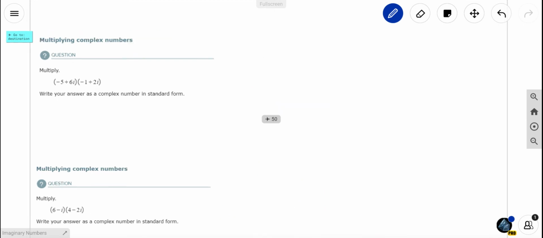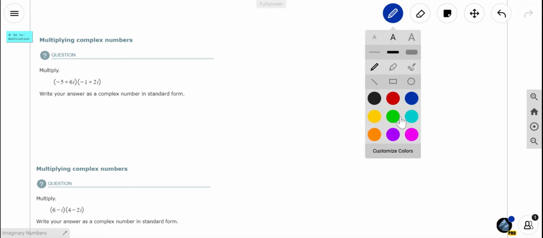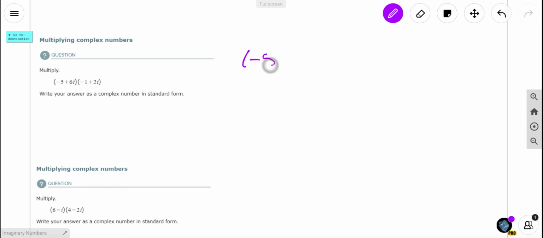Okay, here's the next term. Let's pick purple. Okay, so negative 5 plus 6i times negative 1 plus 2i. Okay, distribute.